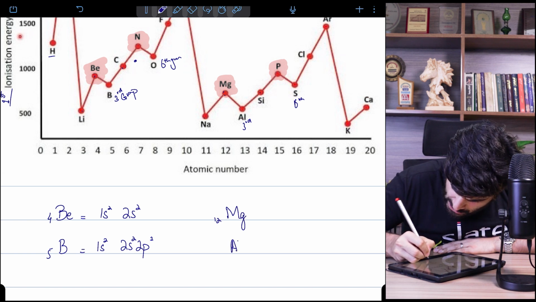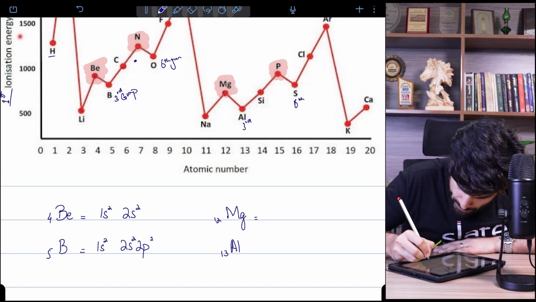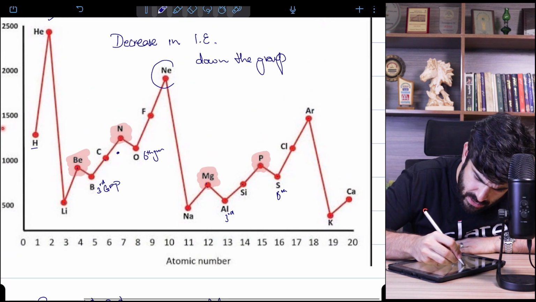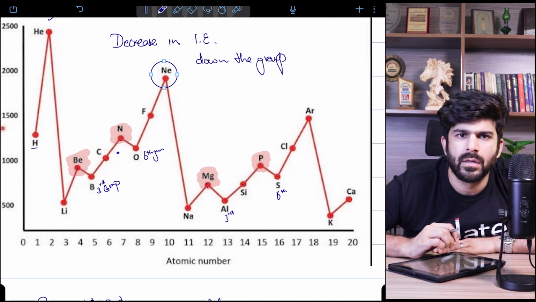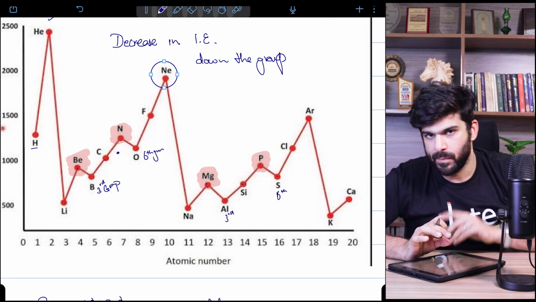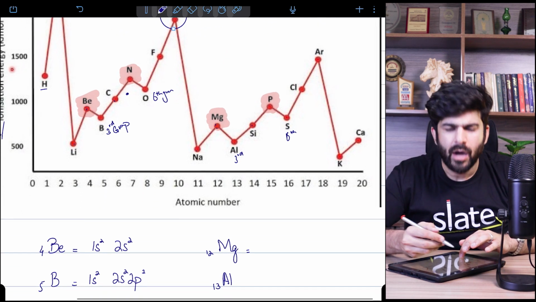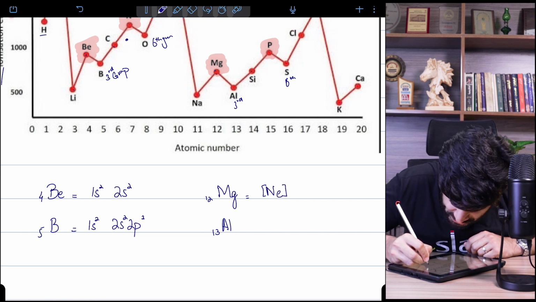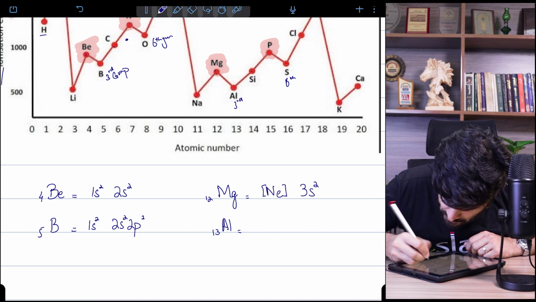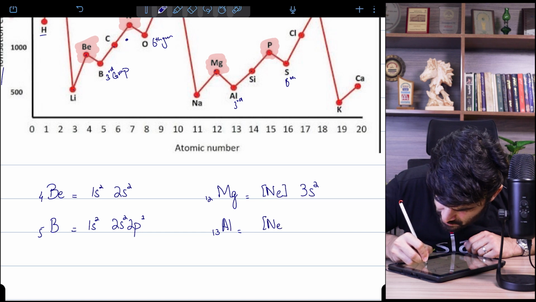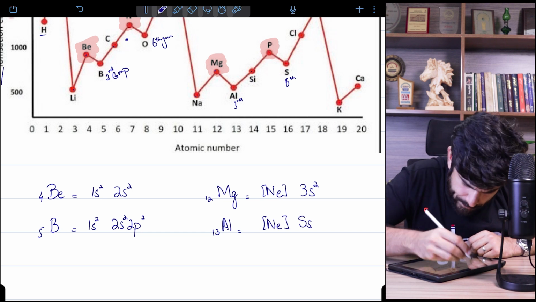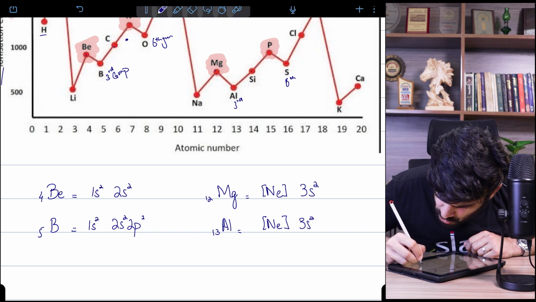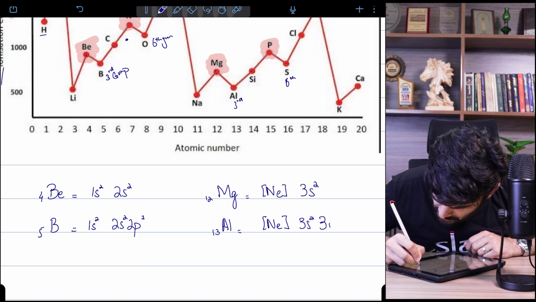Magnesium is 12, aluminum 13. With magnesium, we can take neon as the noble gas checkpoint, because according to the shorthand formula, we follow the noble gas. So after neon, magnesium is 3s2, and aluminum after neon is 3s2, 3p1.